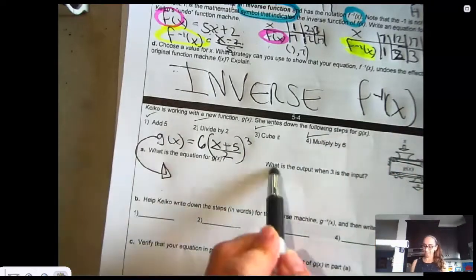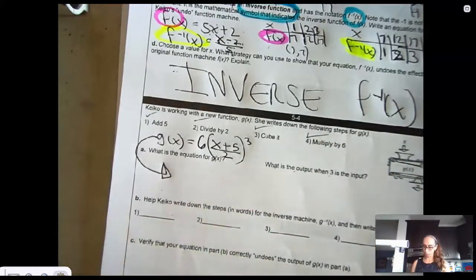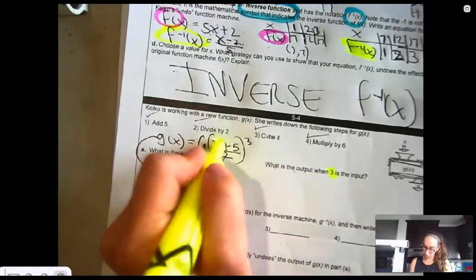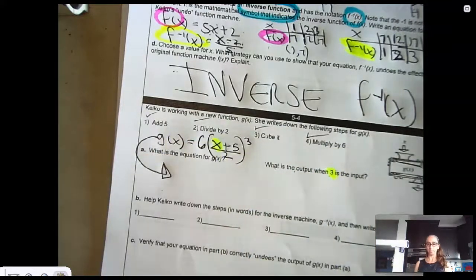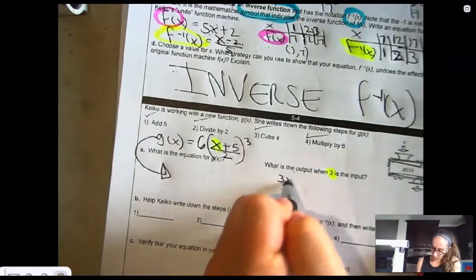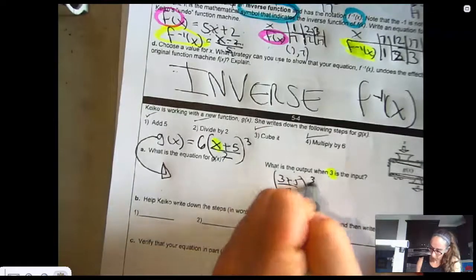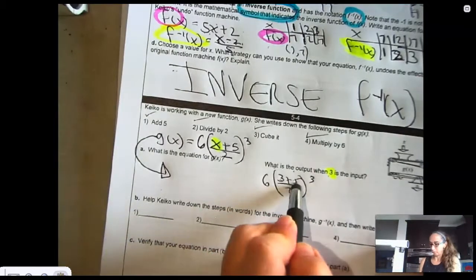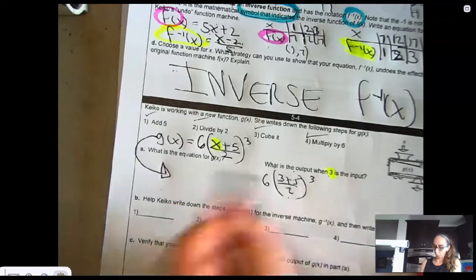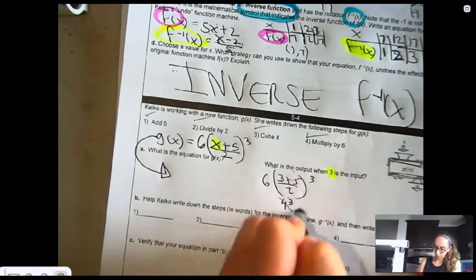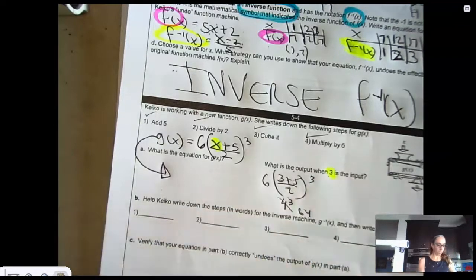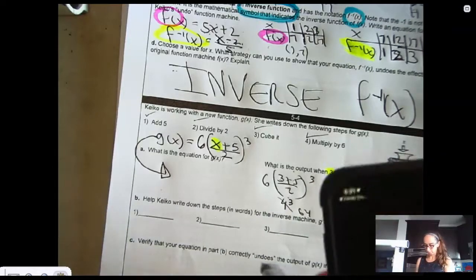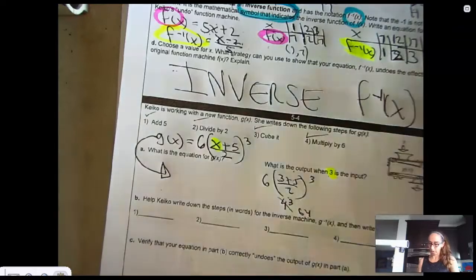What is the output when 3 is the input? So you would take 3, plug it in, and then you'd go 3 plus 5 over 2, cubed, times 6. 3 plus 5 is 8, divided by 2 is 4. 4 cubed is 64. I don't know what 64 times 6 is. I could probably figure it out, okay, 384.